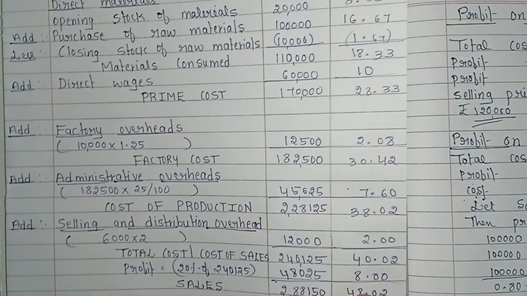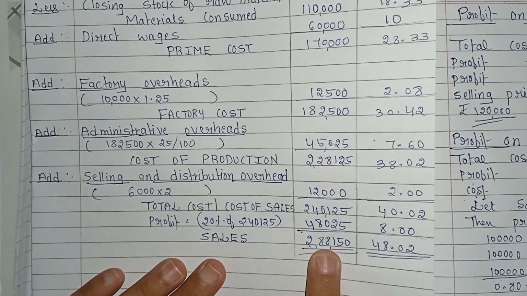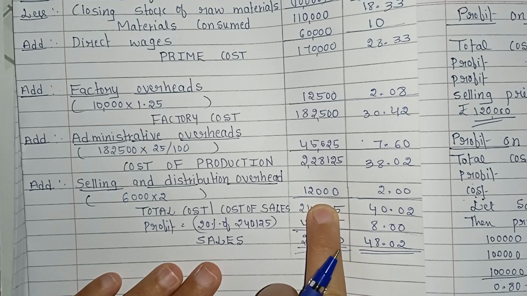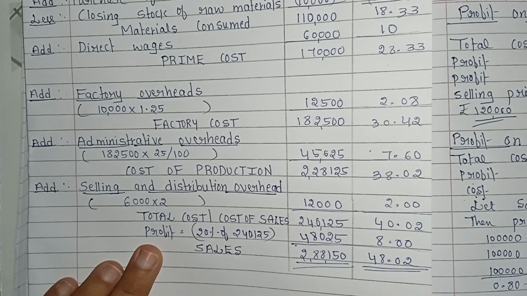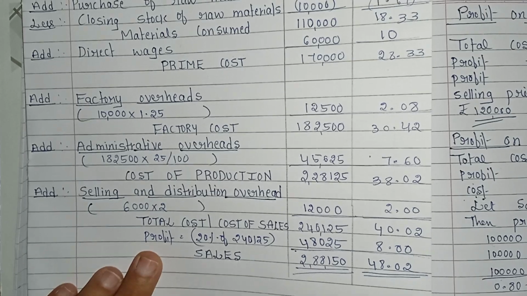Clear? Here sales is more than cost, which results in profit. In this way we need to calculate the profit on cost.